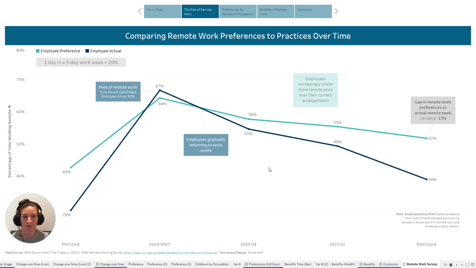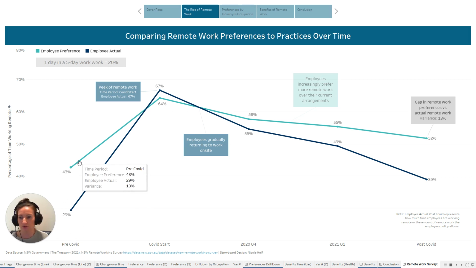From the survey data, there are really no time data types in this survey. It's just one single record for one response. So what I had to do was transform this data in a way to give me time periods. Questions were asked about specific time periods: how much time did you spend working remote pre-COVID?